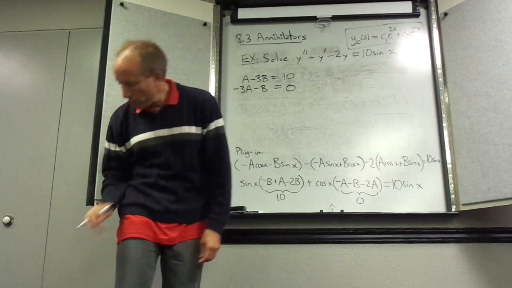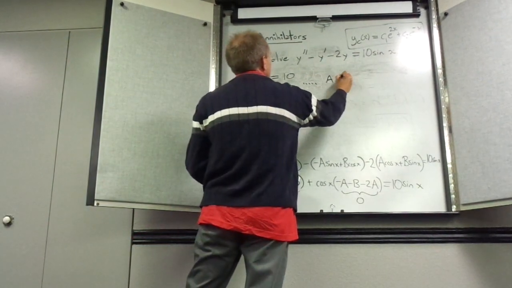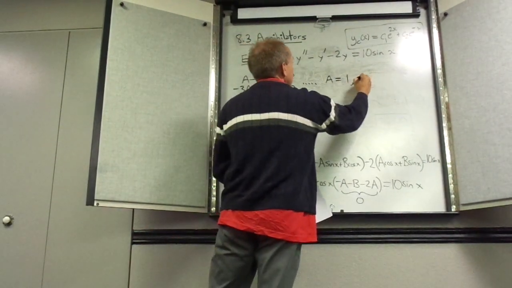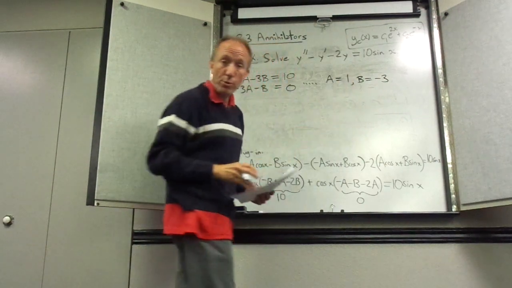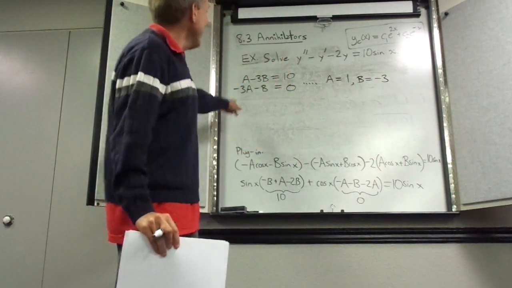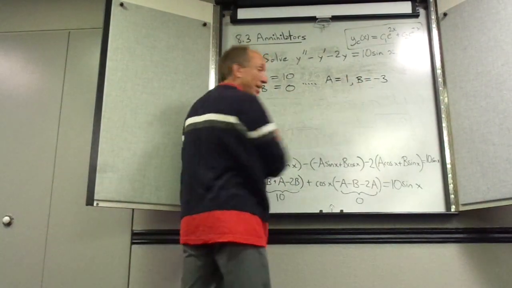Okay. And it's pretty easy. I'm going to let you guys solve that. It turns out that a is equal to 1 and b is equal to negative 3. You can very easily verify that I didn't make a mistake there. Okay, so these are the values of a and b.